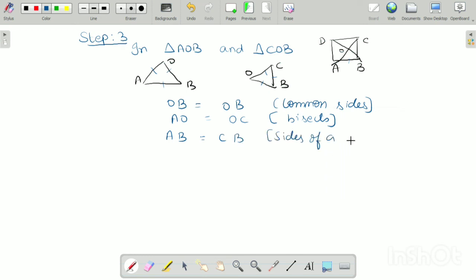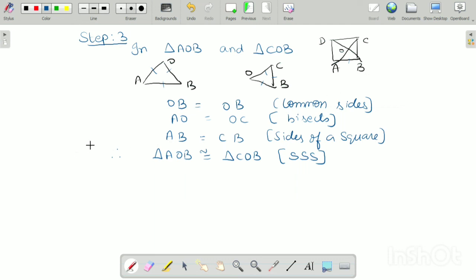Therefore, triangle AOB is congruent to triangle COB by the side side side criteria.